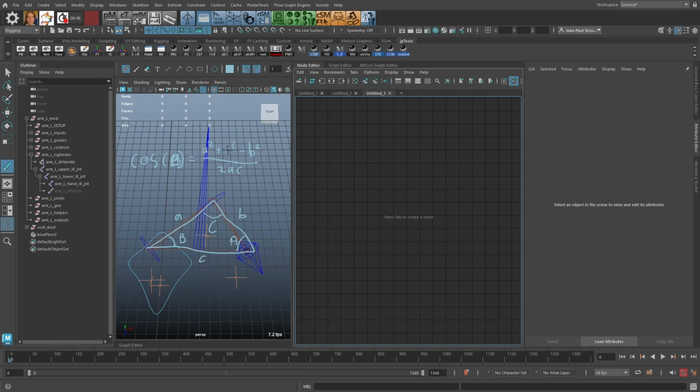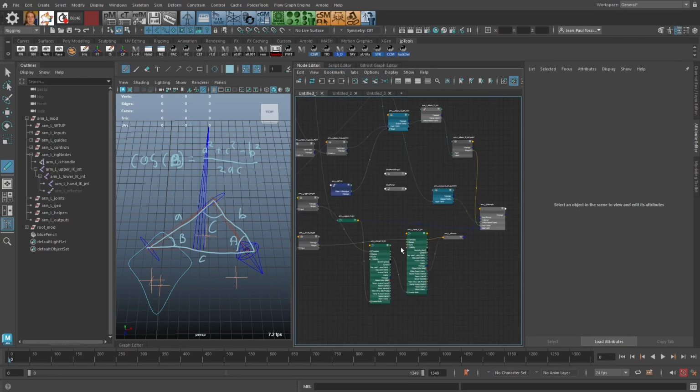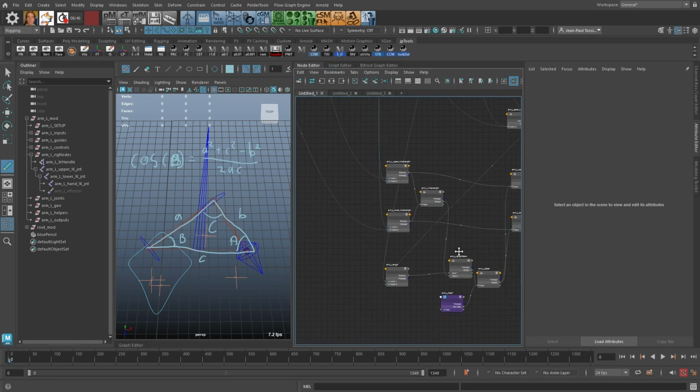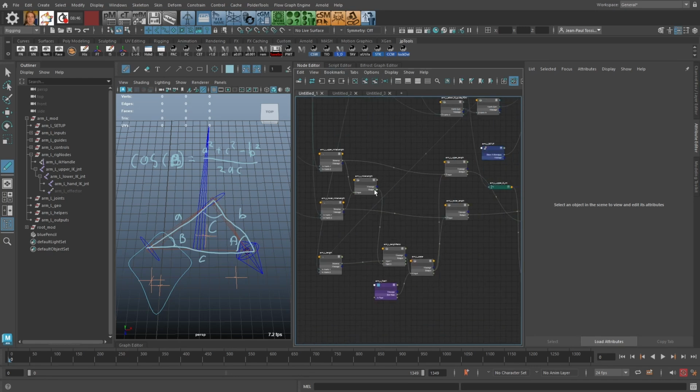So we need the A, B, and C, which are the sides of the triangle. We know this is the length of the upper arm, this is the length of the lower arm, and this is the length between the start and the end of the arm. So let's get these nodes. We have them right here.